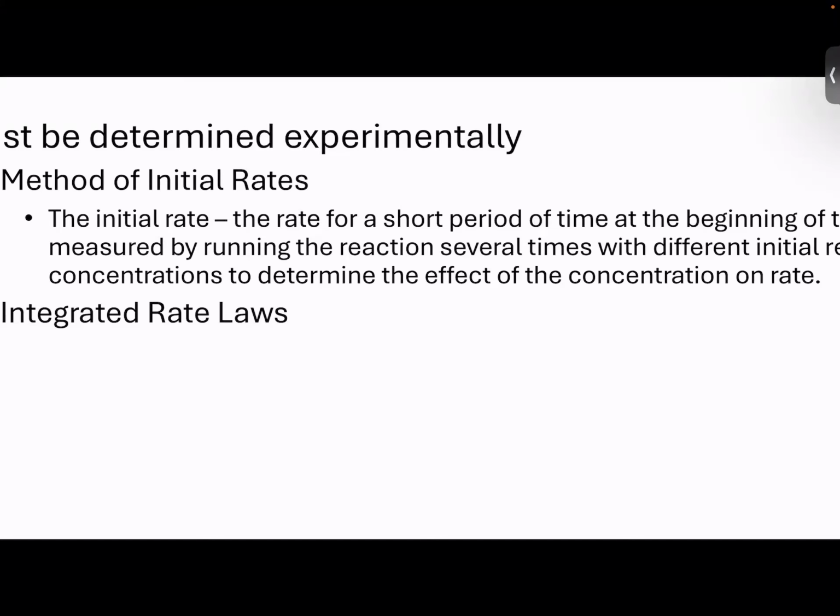Next week in lab, you will be using this method of initial rates to determine the bleach concentration for the reaction we are studying. The second method that we will tend to use to determine the orders is going to be the integrated rate laws.